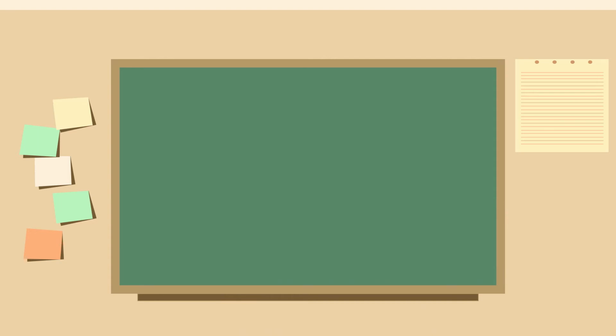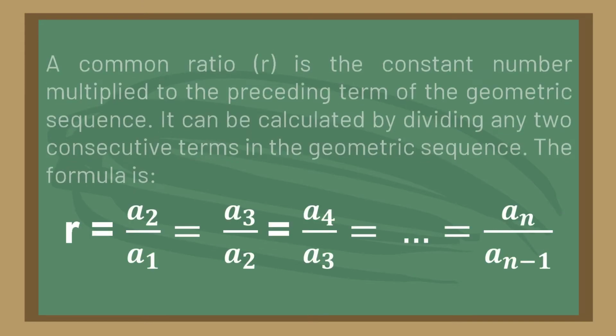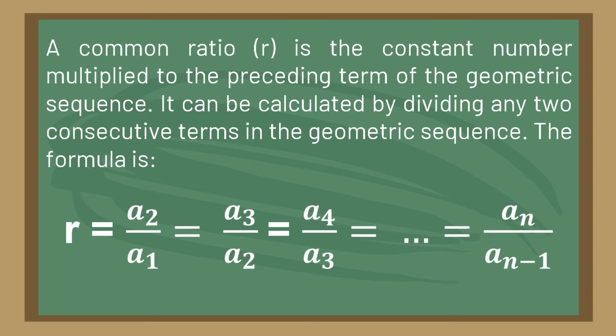Let's define first what is geometric sequence. It is a sequence where every term after the first is obtained by multiplying by a non-zero constant called the common ratio. Common ratio, denoted by r, is the constant number multiplied to the preceding term of the geometric sequence.